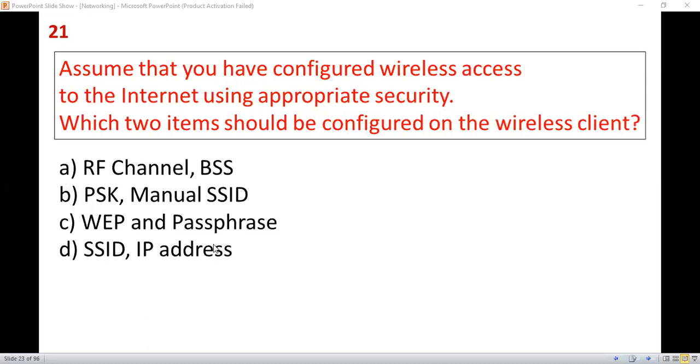The answer for this question will be option 4, SSID and IP address. SSID stands for Service Set Identifier, and it is used to uniquely identify any given wireless network. You can think of it as an IP address for a wireless network, and every wireless network that is set up needs to be identifiable by other devices on the network and for the data packets that travel along it. So the answer for this question will be SSID and IP address.